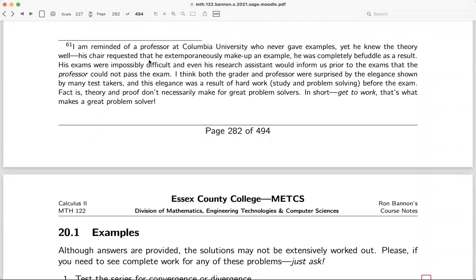He was a young guy, and he said, I hate to tell you this, but the professor couldn't pass the exam. Which relieves almost everyone. If the professor couldn't pass the exam, what could he expect from us? But here's the deal. The professor does not grade the exam. The research assistant does, which means the research assistant has to come up with a grade key.